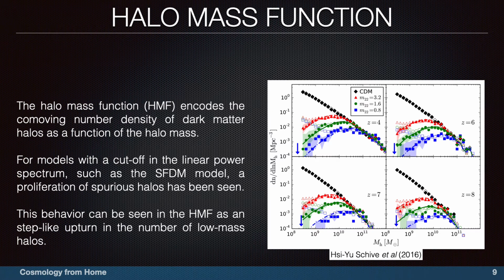So the next step was the study of the halo mass function. A halo is an overdensity in the dark matter density field. To analyze this, we use the halo mass function, which encodes the comoving number density of dark matter halos as a function of the halo mass.